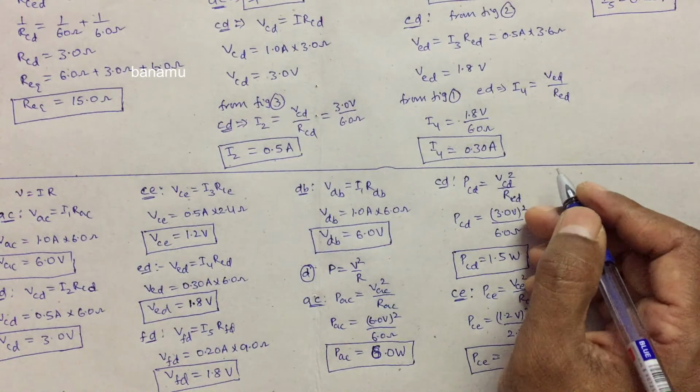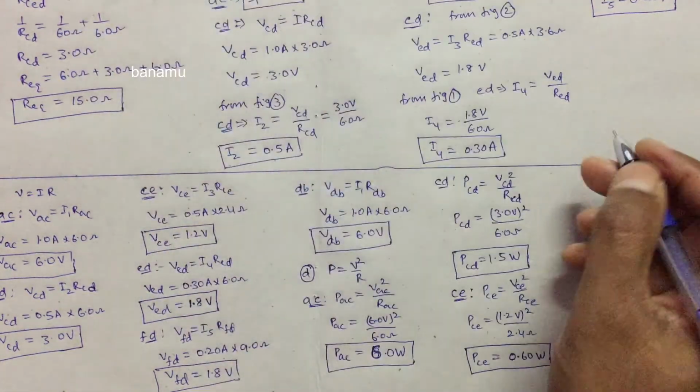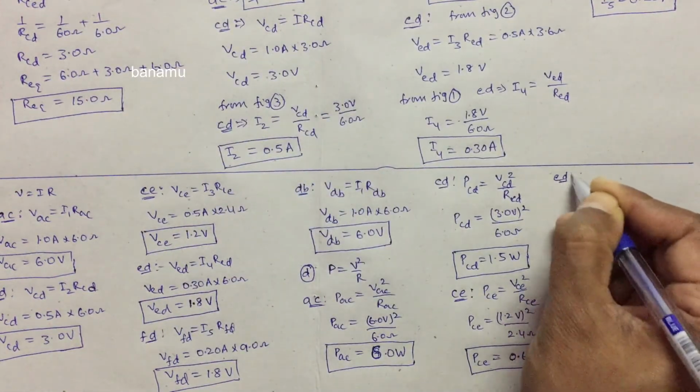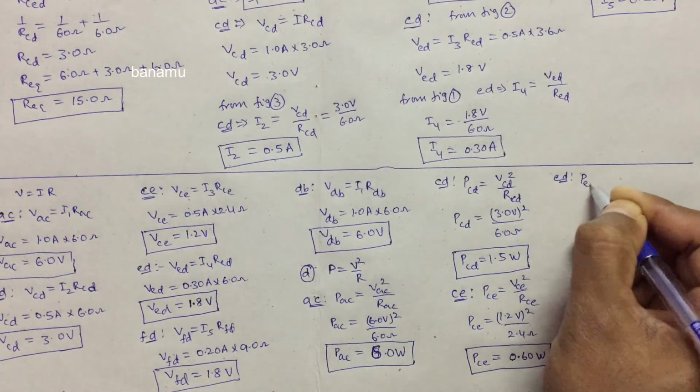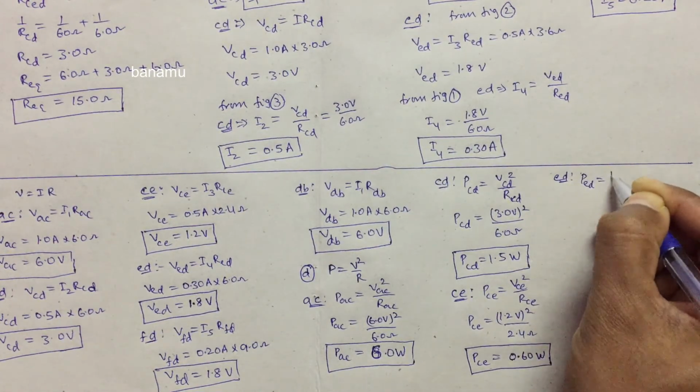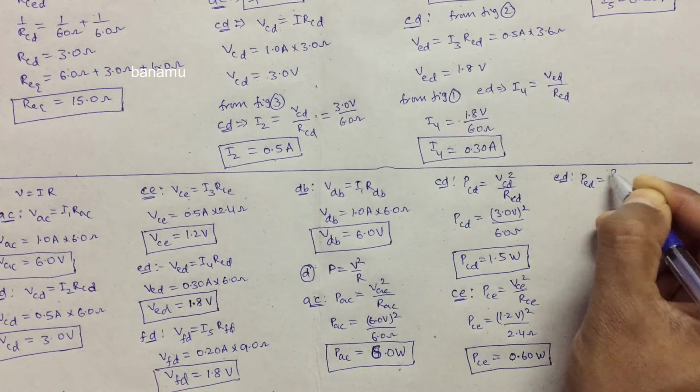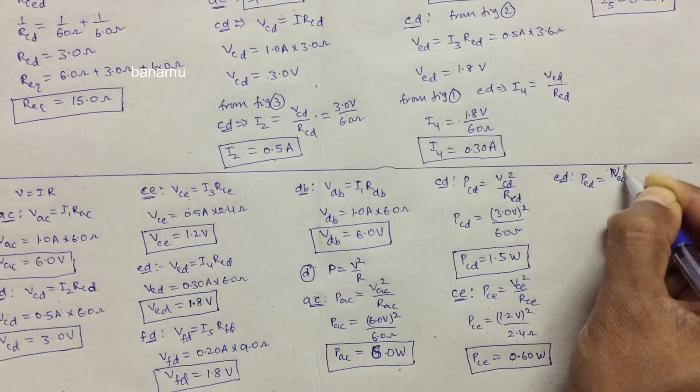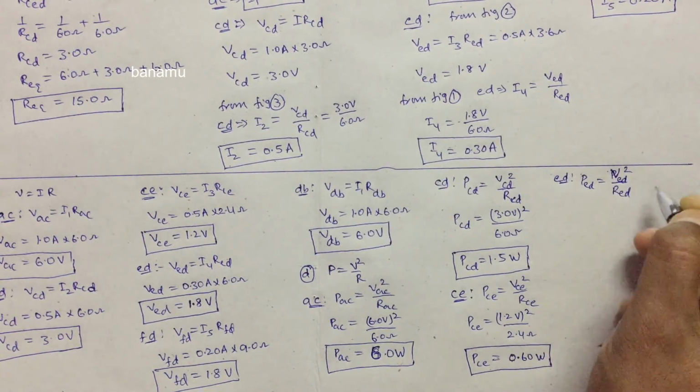And the power dissipated in ED is PED, which is equal to VED whole square by RED.